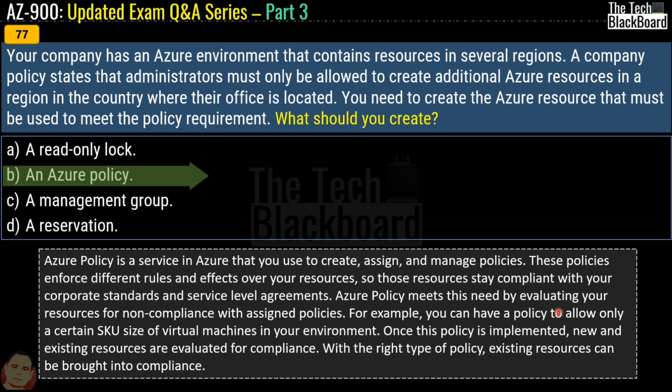For example, you can have a policy that allows only a certain SKU size of virtual machine in your environment. Once this policy is implemented, new and existing resources are evaluated for compliance. With the right type of policy, existing resources can be brought into compliance. Hopefully, this will help you understand Azure Policy, which is one of the very important services in Microsoft Azure.